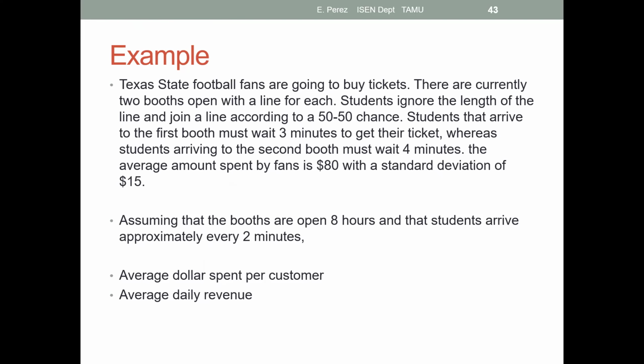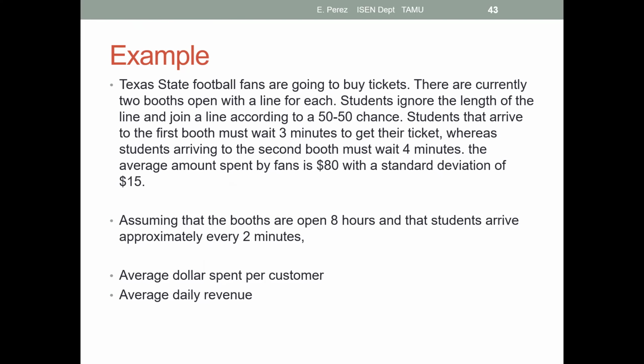So our replication length is going to be 5 days, and it's going to be open for 8 hours. So 5 days, each day represented as 8 hours. And then we want to compute the average daily revenue, meaning that every replication will consider those 5 days and compute an average based on those 5 days.